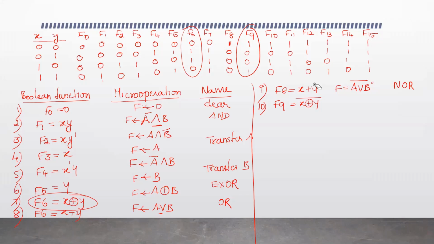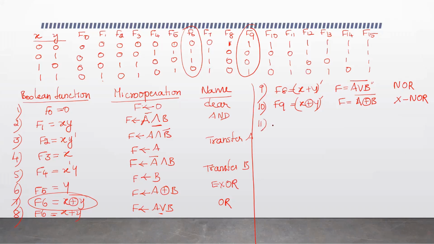Here we write this way, we don't put the bar above, and here we use this symbol for complement. So the operation here is A exclusive OR B complement. So what is this operation? The negation of XOR is XNOR, exclusive NOR, the operation that performs the complement of XOR.